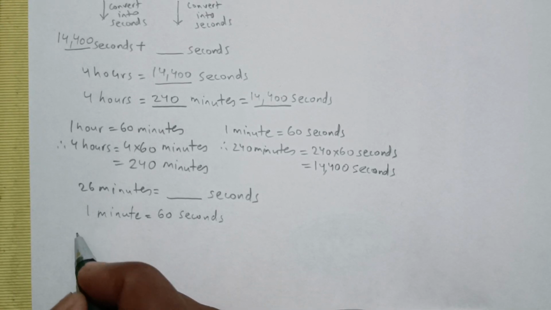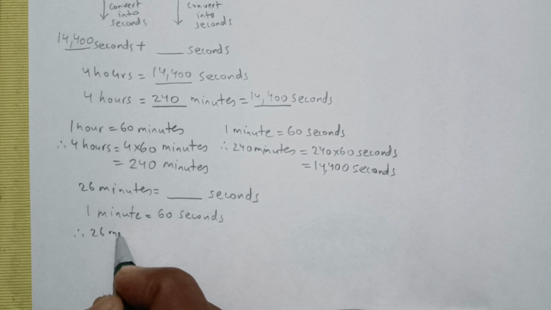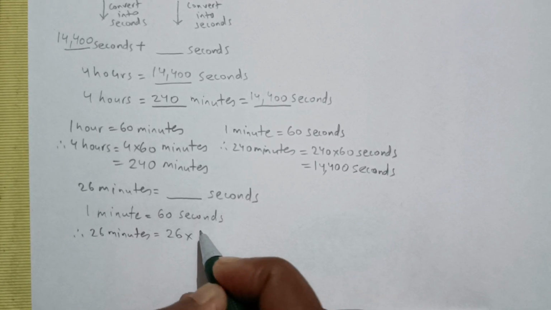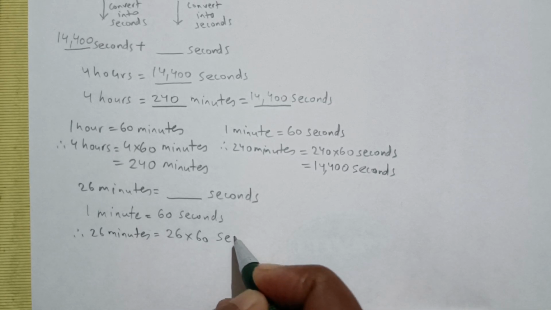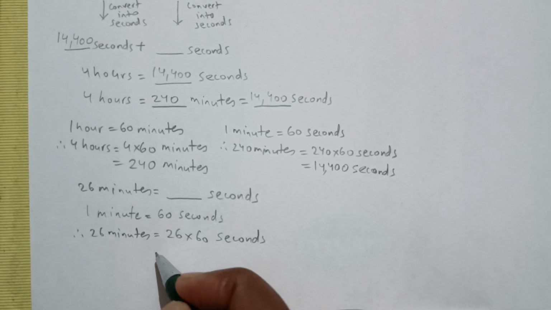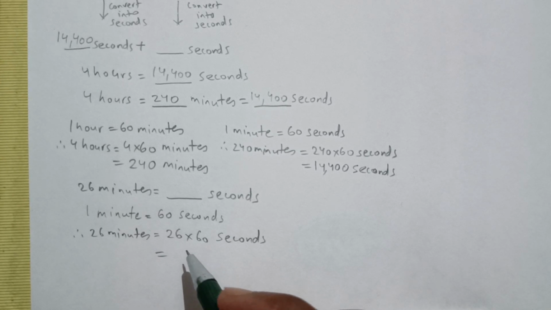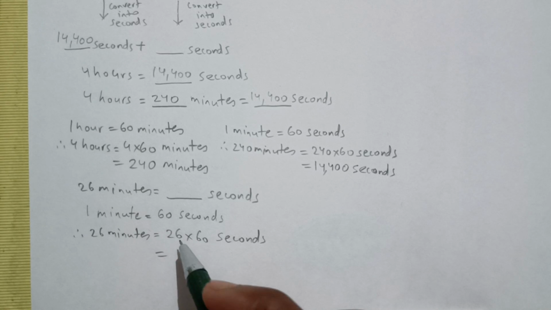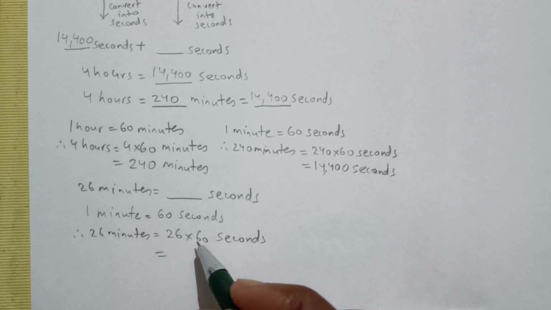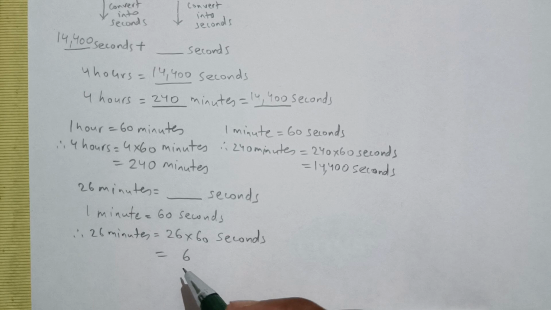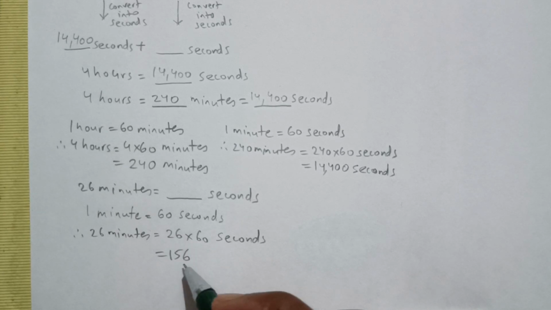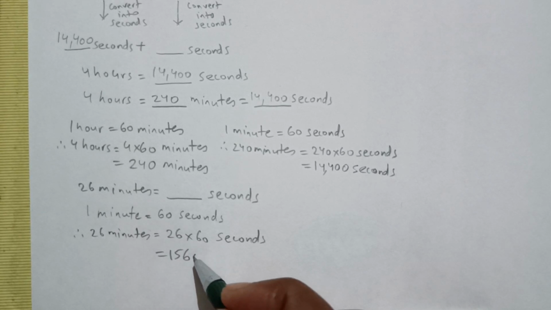Therefore 26 minutes will be 26 into 60 seconds. And what is 26 into 60? We will do 26 into 6 and then add this 0 at the end of that answer. 6 into 6 is 36, carry forward 3. 6 into 2 is 12, 12 plus 3 is 15. So 26 into 6 is 156, and then add this 0 at the end.